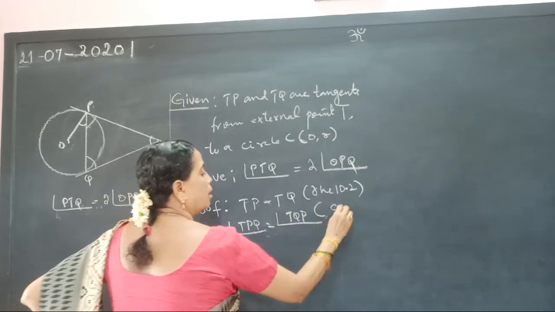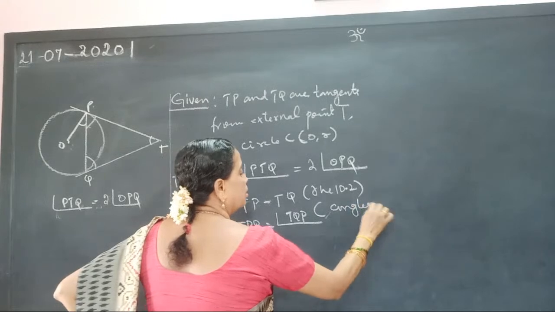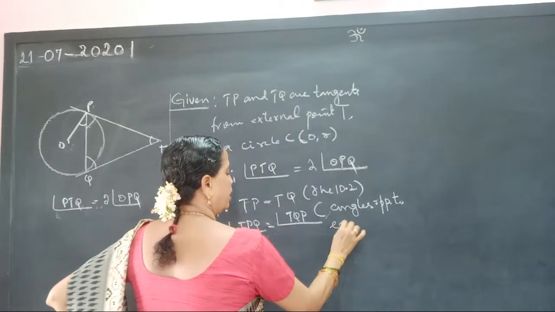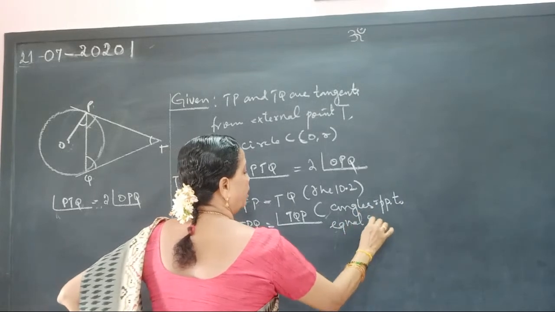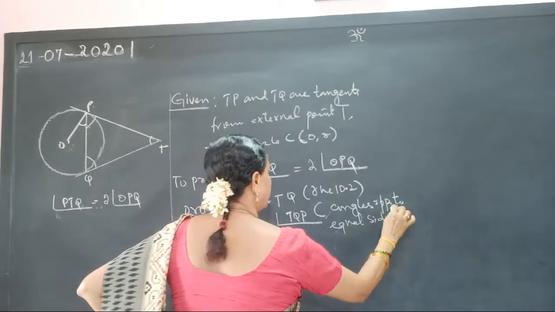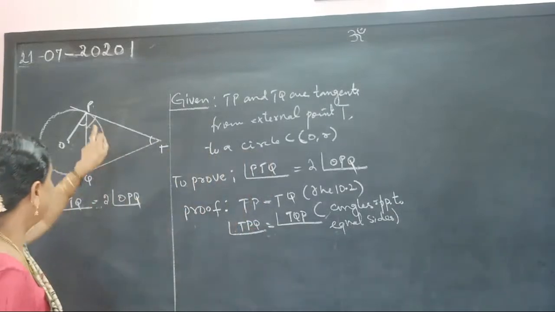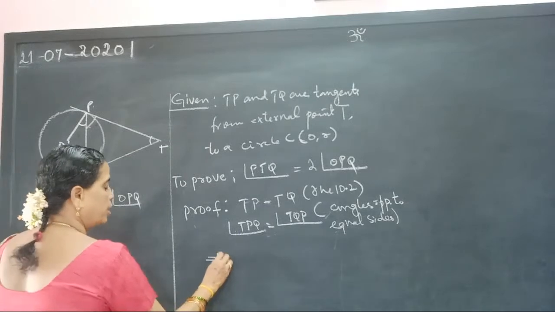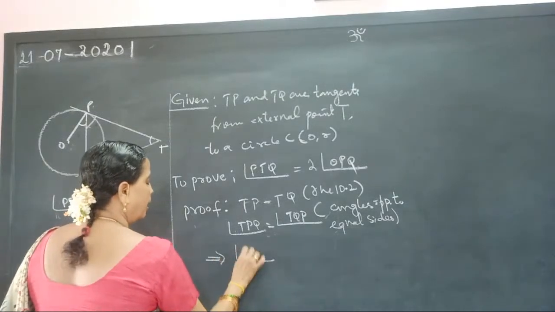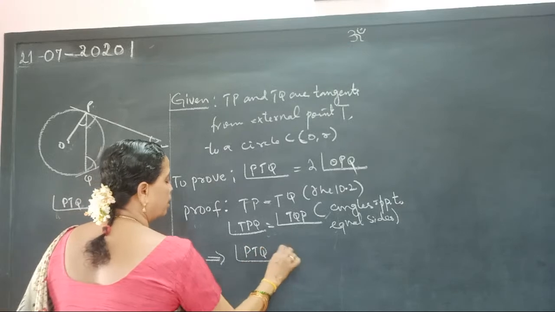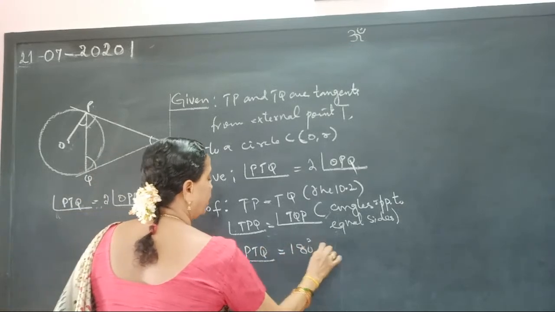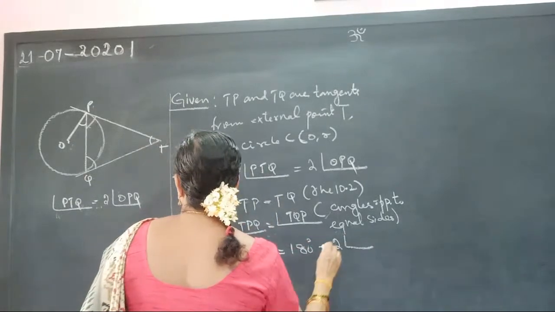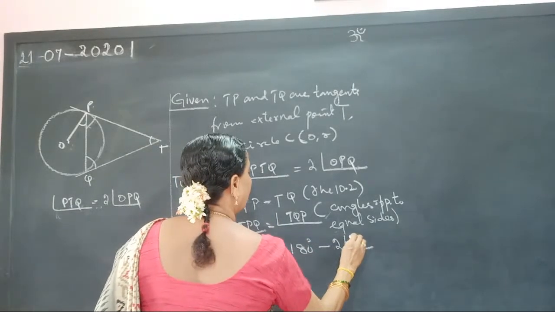Write the reason: angles opposite to equal sides. So after getting these two, now let us have the angle sum property, which implies angle PTQ equals 180 degree minus 2 of angle TPQ.